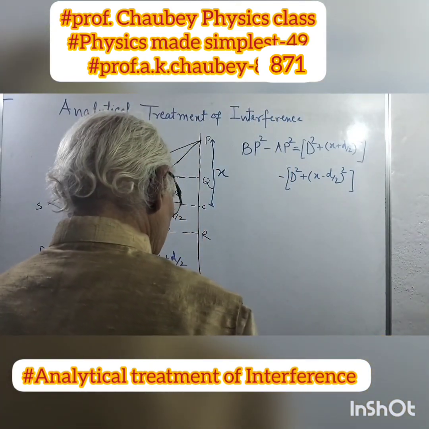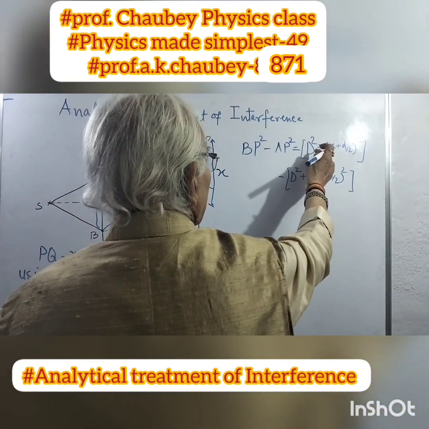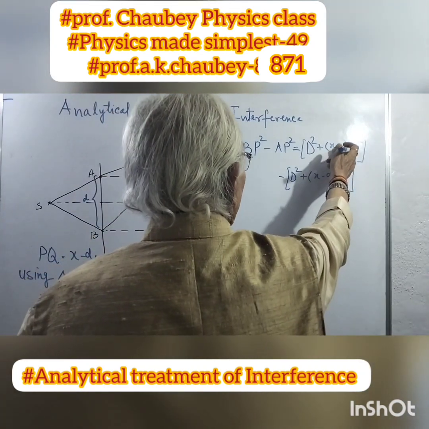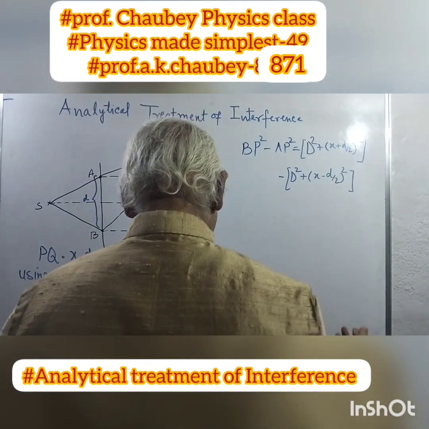So what we get from this: the capital D square will get cancelled, and here you can open this and just solve this.